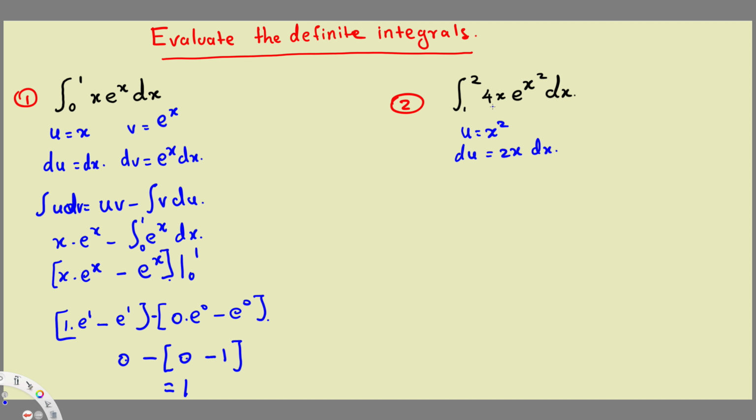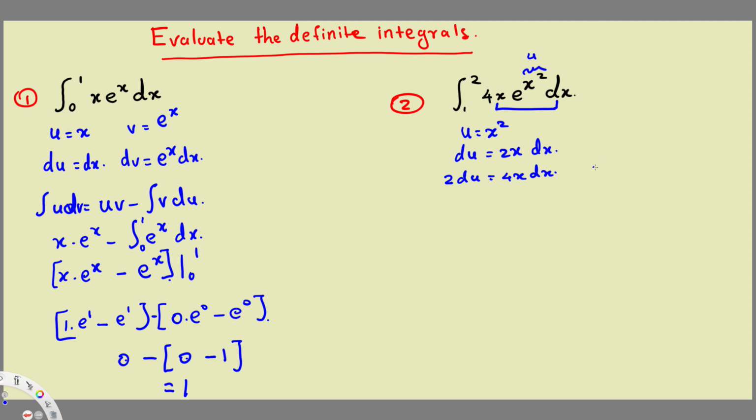But we had to do something about this 4x dx, and we have 2x dx. So what we can do is multiply both sides by 2 to make this 4x dx. If we multiply both sides by 2, we get 2 du is equal to 4x dx.